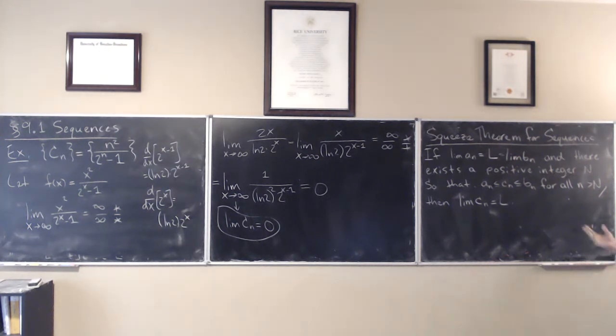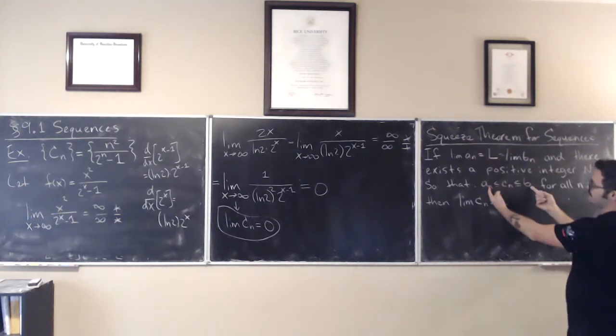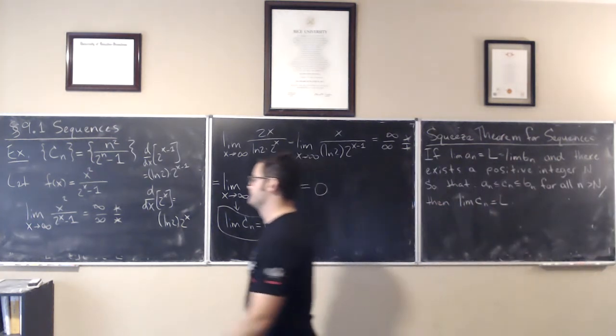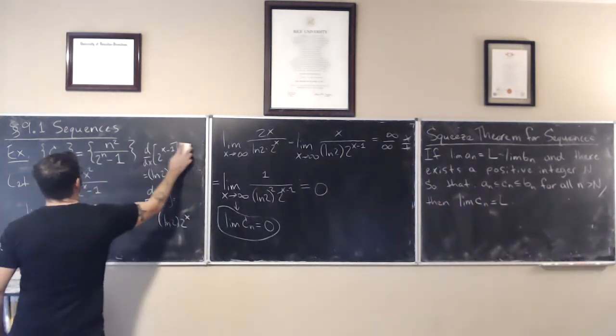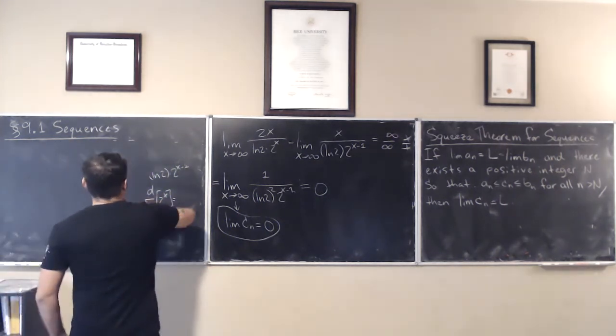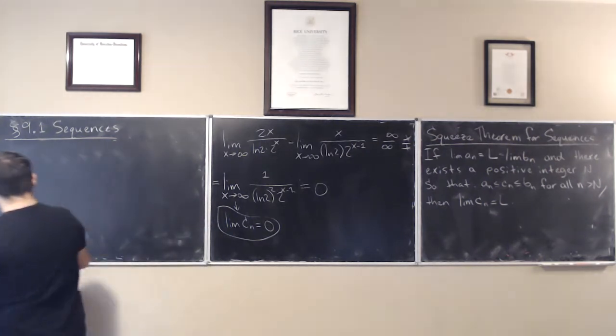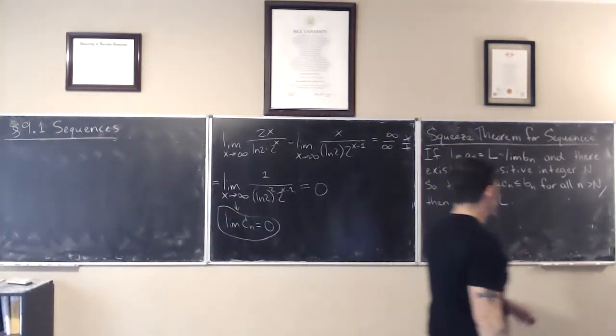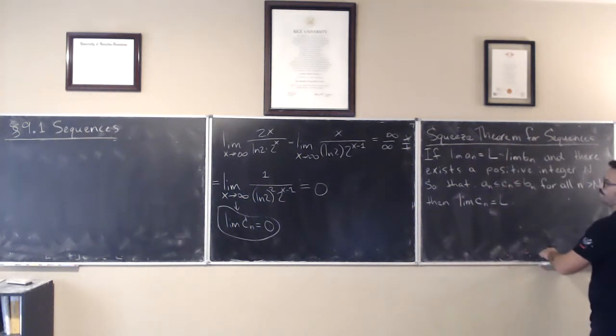It's just, at some point, cn must be between these two things, and at some point, these things go to L. This has to go to L as well. Okay, so this has a nice application to build another theorem.